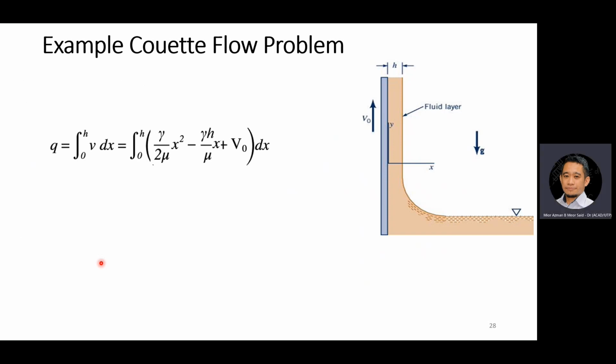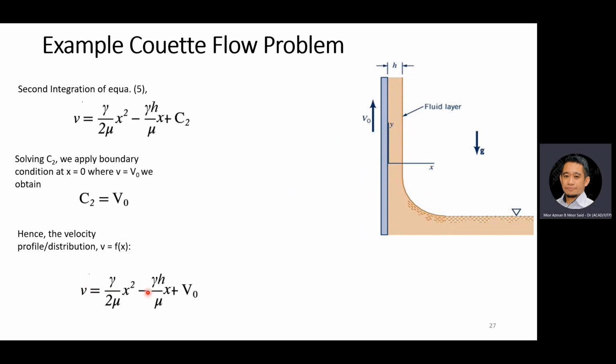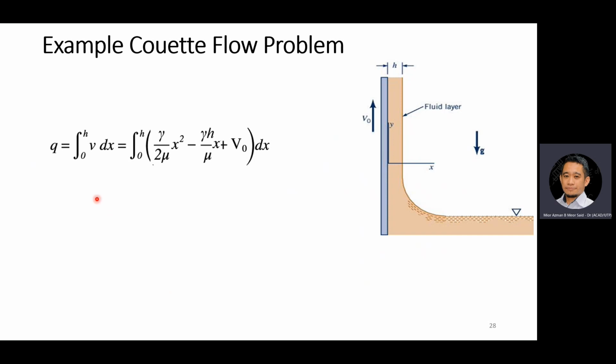We have found the velocity profile, but to find the mean velocity, we have to find the volume flow rate first. The volume flow rate can be calculated by this expression, the integration of the velocity expression dx from the lower limit to the upper limit.